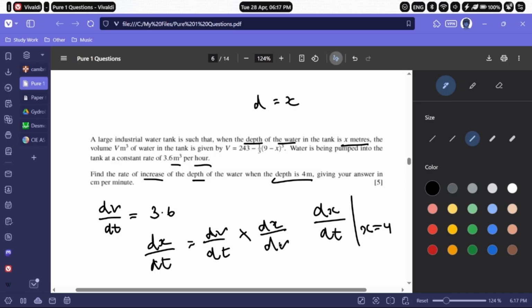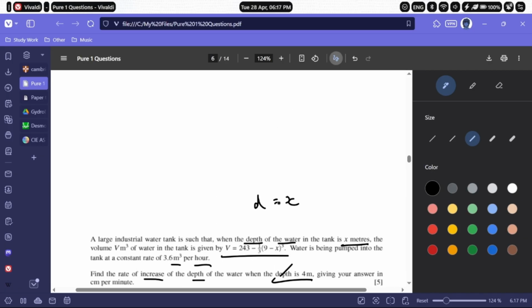You're not actually canceling out things, but you use these notations to work with rates. So I wrote dx by dv because then I know that I can cancel out dv, right? So I just have to find dv by dx because I have the formula for that already. I have to input x into that so that I get dv by dx at x is equal to 4, and then I can take the reciprocal of that.